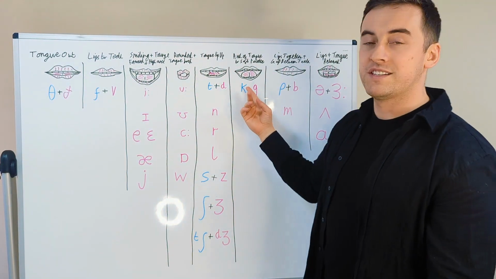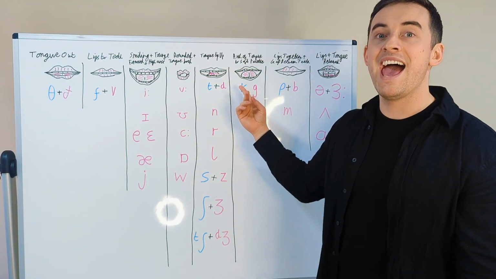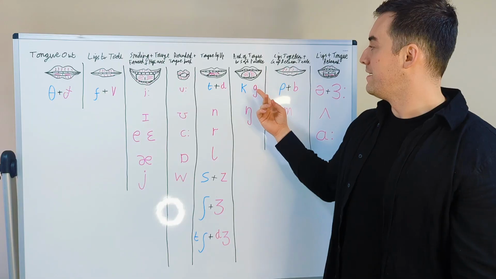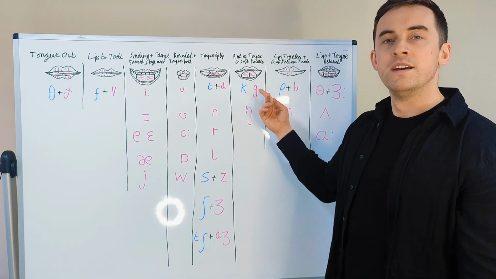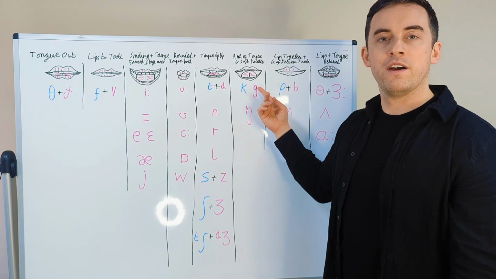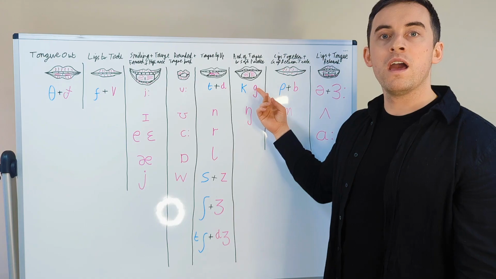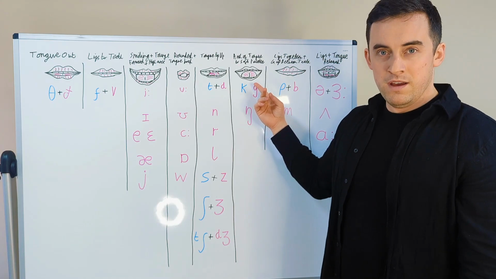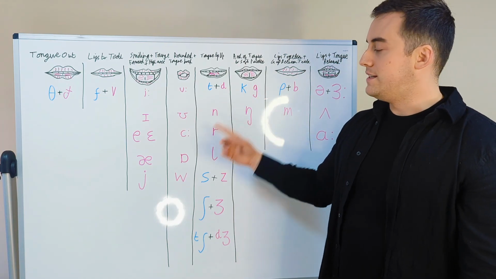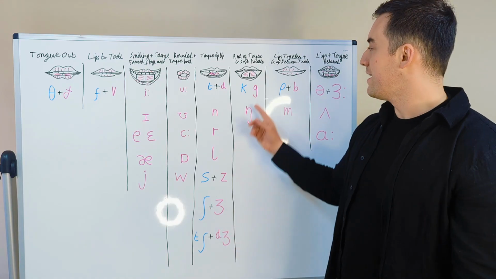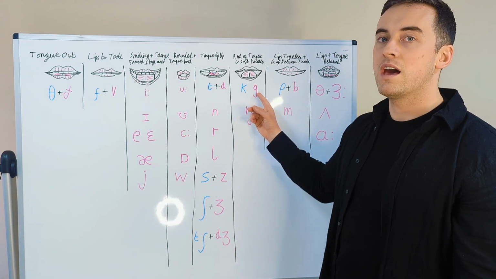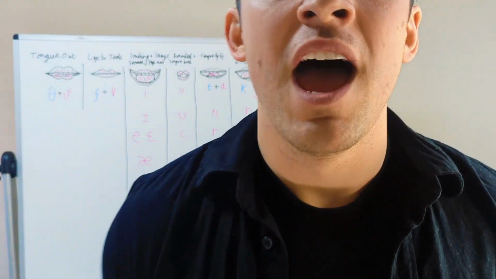You've got the unvoiced sound k for cake, and you got the voiced sound for g, g, go, gauge, g, k, g.